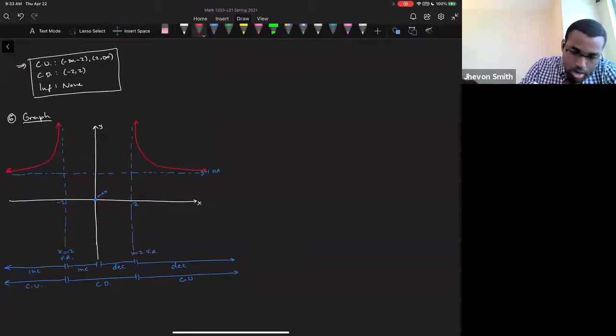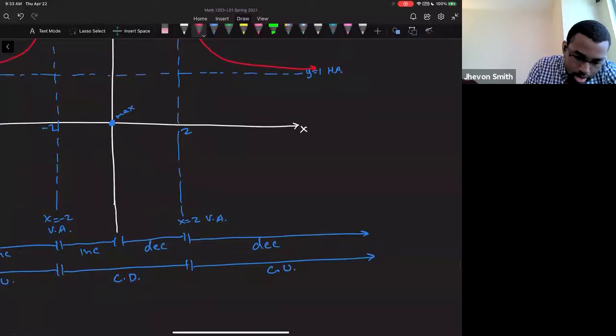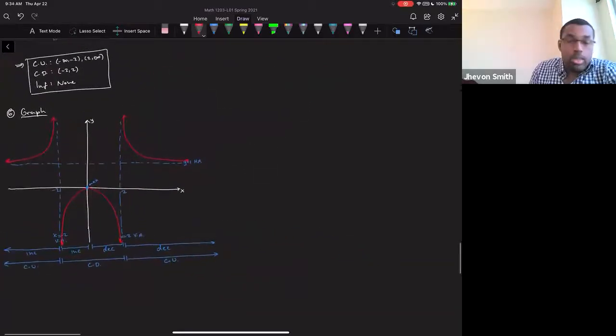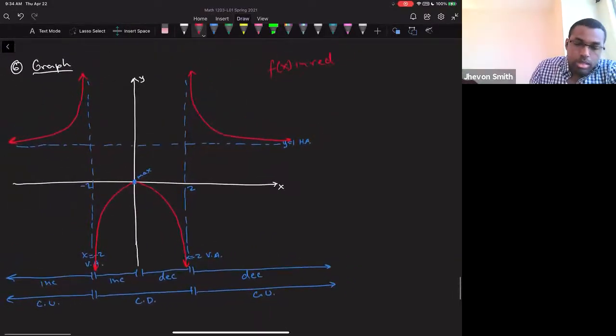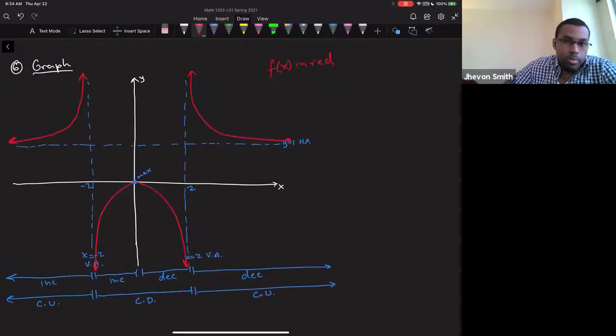So now you know in the middle, yeah, it has to look like this. And this. So that's the graph, f of x in red. So that's what our graph will look like.